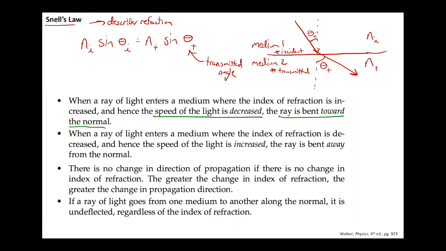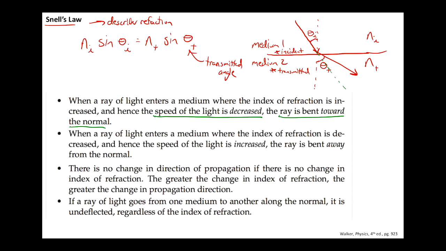That's the opposite of what I drew here. So if we're going into a higher index of refraction, instead of the light continuing straight, it's going to get closer to the normal line. It bends inward as the light slows down.